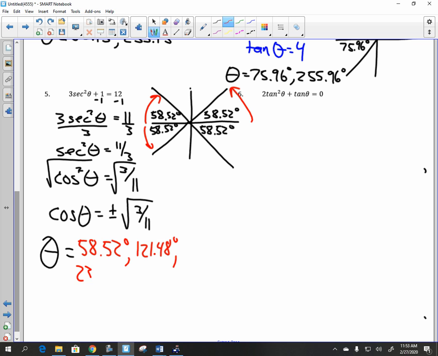And I get 238.52. And then I subtract 58.52 from 360. And I'm going with a 301.48. Is that correct? 4 solutions here. What do you think?